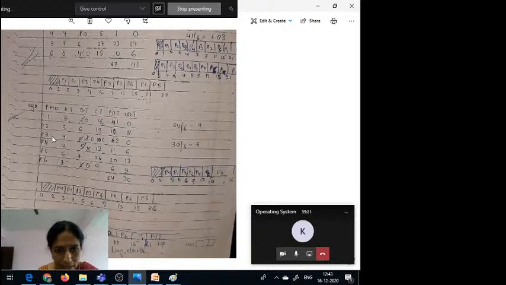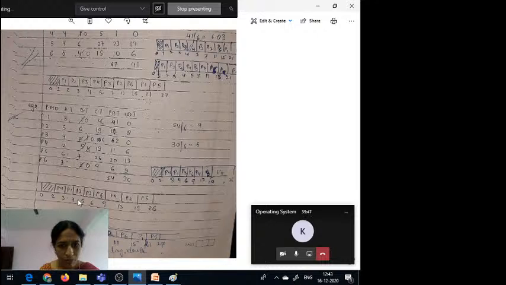P3 process burst time is 2, P6 process burst time is 3, and P4 is 4. So out of these 3, P3 is minimum. So P3 enters here.